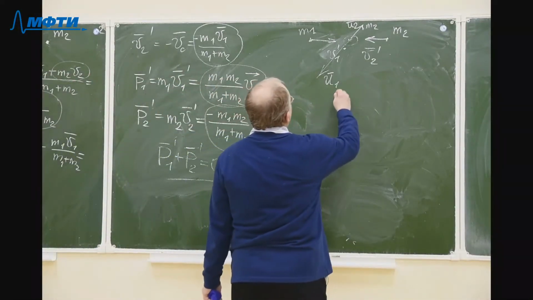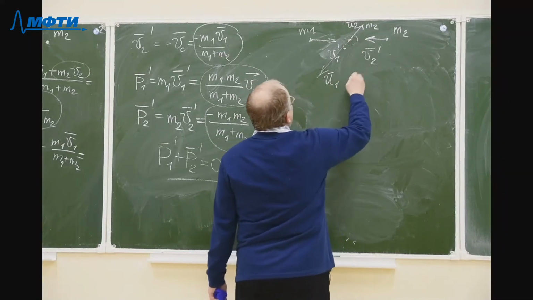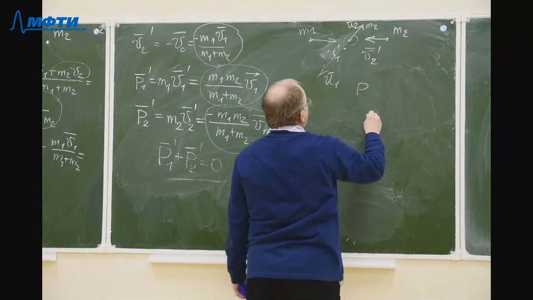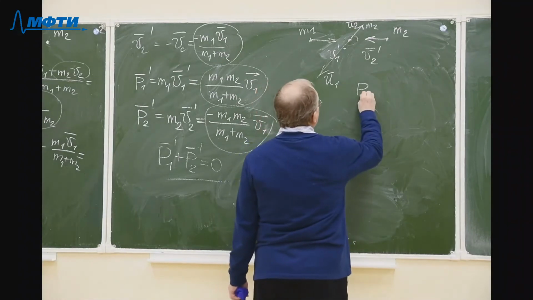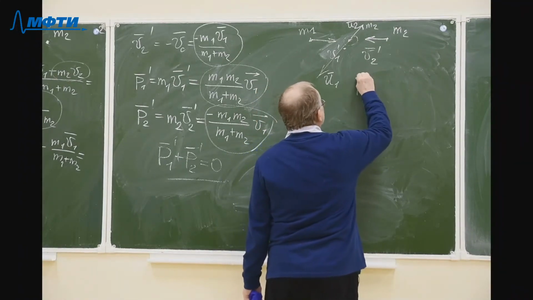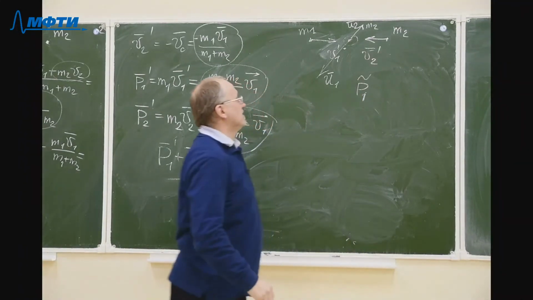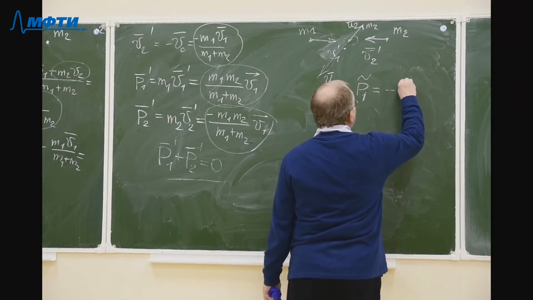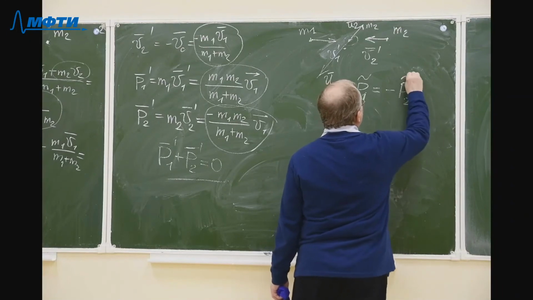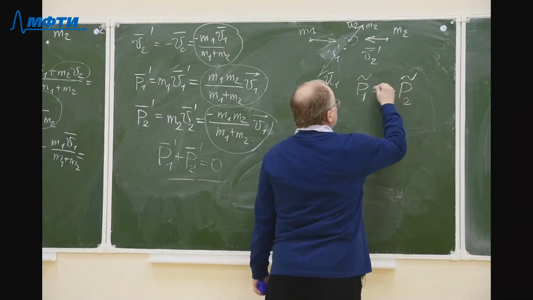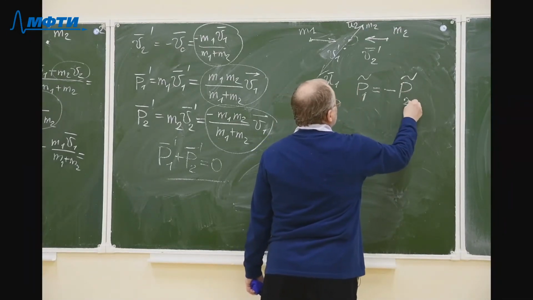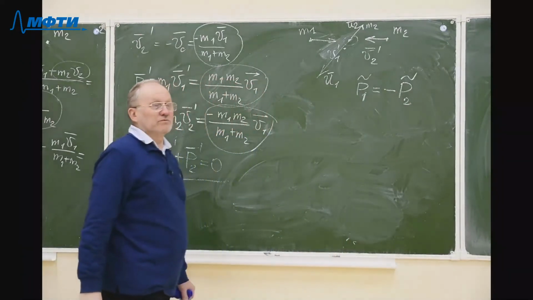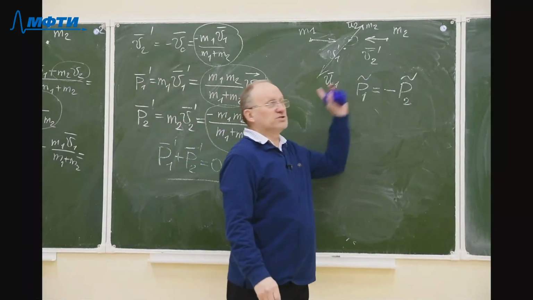It means that the momentum of the first particle after the collision, how to denote it? For the first particle after the collision, I will use such a tilde sign. It must be equal to the momentum of the second particle after the collision and opposite in sign, because the total momentum must remain 0, the sum P1 plus P2 after the collision.